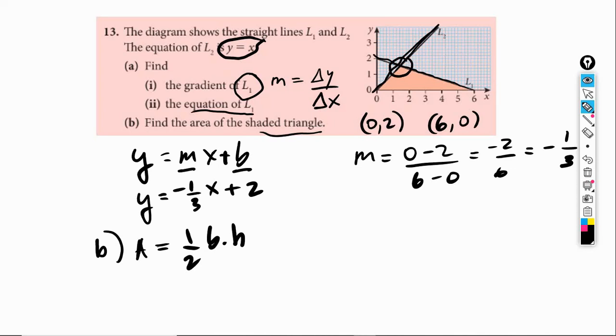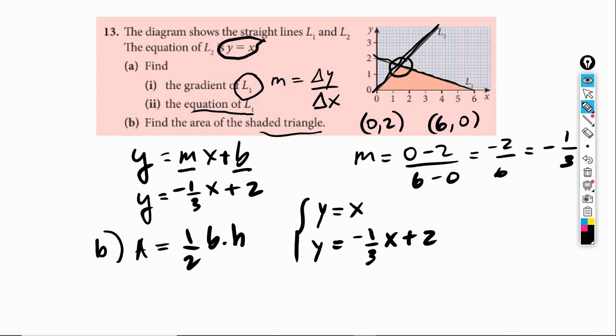But what we can tell is that the height is the point where these two graphs intersect, so we can solve a system of equations. That means that I can use y equals x and y equals minus 1/3 x plus 2. We can use the system of equations to find that coordinate and therefore the height.